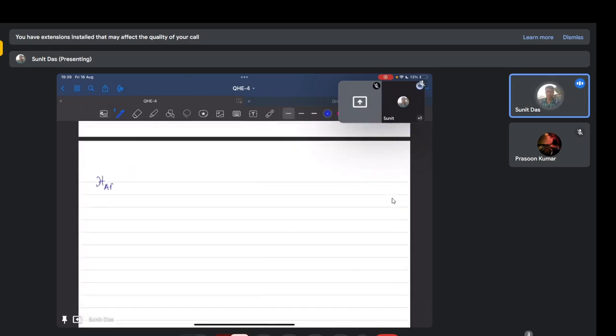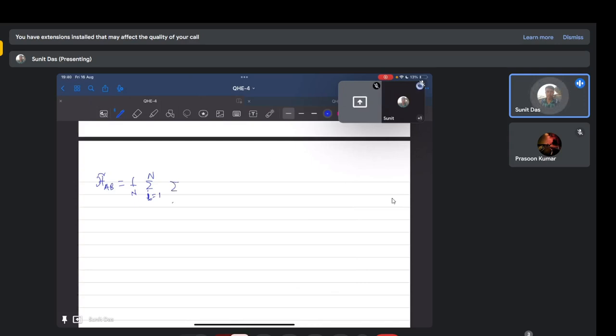So H_AB tilde is 1 by N, sum over i from 1 to N. Now why is the sum over i needed? Because we are considering the whole system, right? Although we are focused on the unit cell, eventually this sum came up.